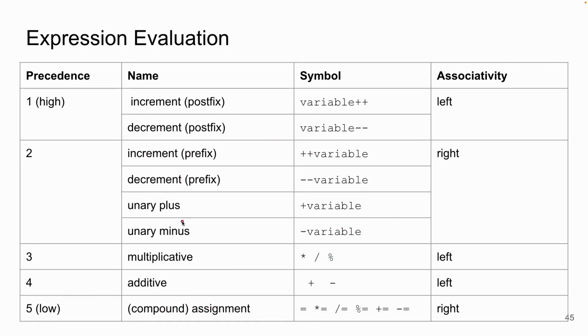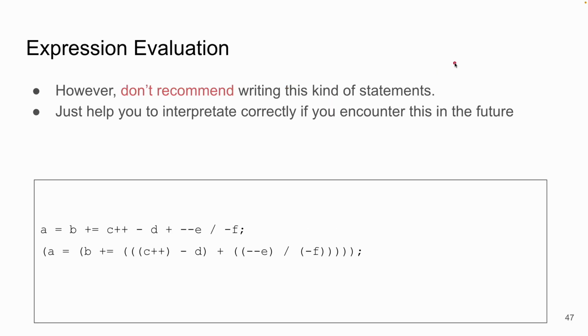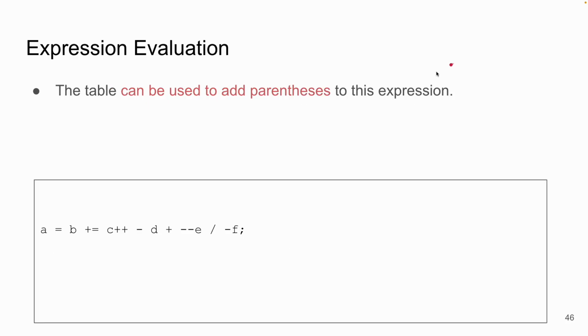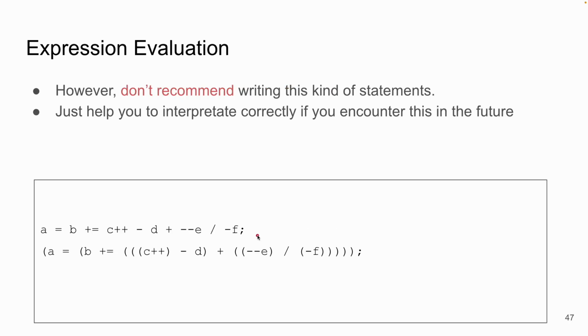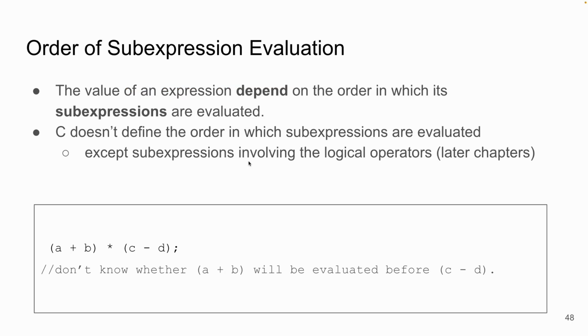You can practice how to compare operators with different precedence and associativity. You can try to add the parentheses to this statement by yourself based on the table, and you can go to this slide to check if you got it right. But again, I don't recommend writing this kind of statement in your C program.